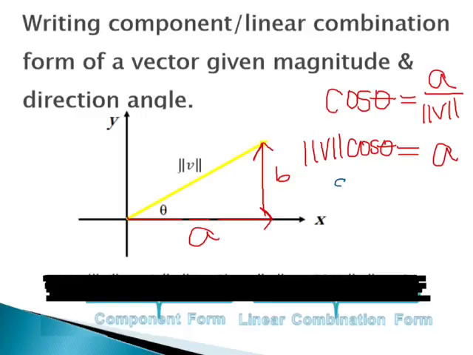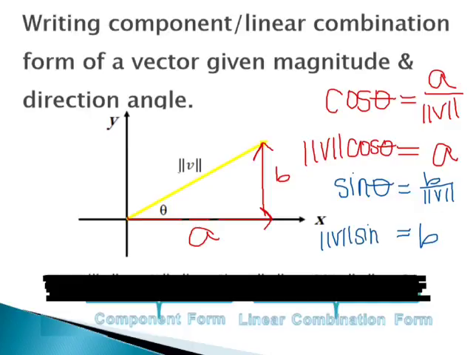Similarly, we could use the sine function to help us solve for the vertical component b. We know the sine of theta would be opposite over hypotenuse.